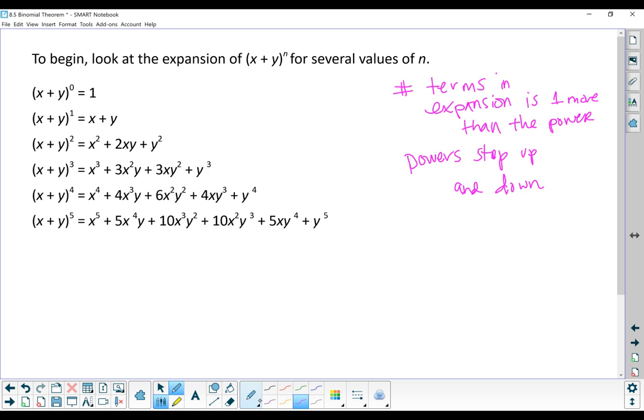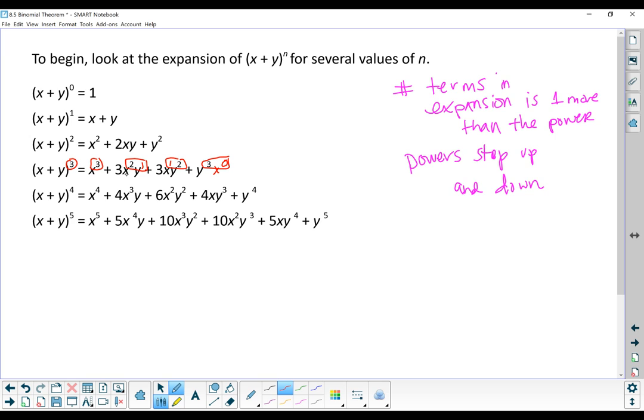The other thing you might notice is that if you look at any individual term and add the powers together, they are equal to the power that you are expanding. In other words, every term has the same degree. They're all degree 3 terms. This one's a degree 3 term in x.